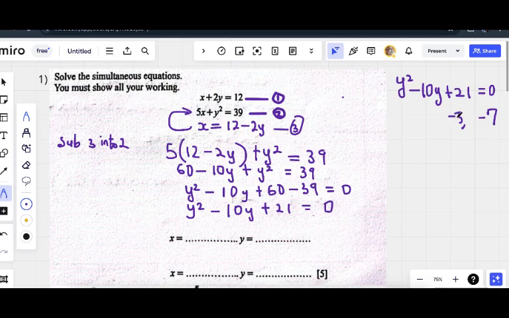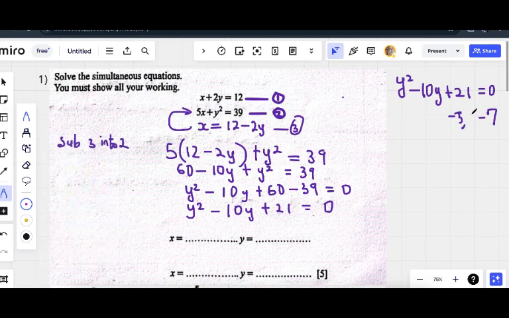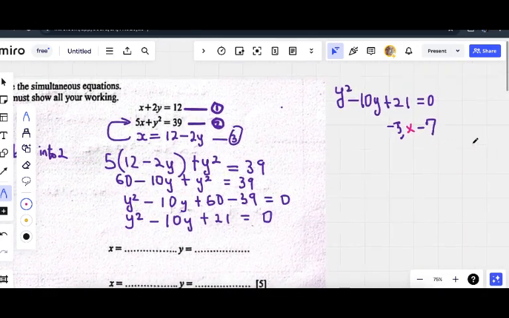If you multiply negative 3 and negative 7, let's change the color so that we can show something different. Let's use pink. If I multiply these two numbers, I'm going to get positive 21.